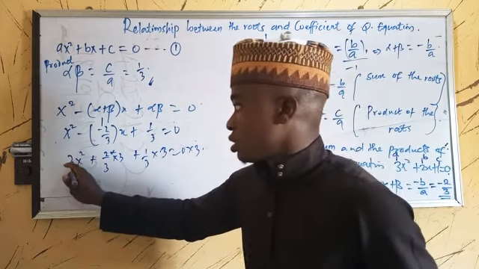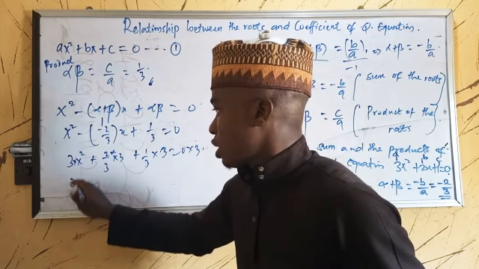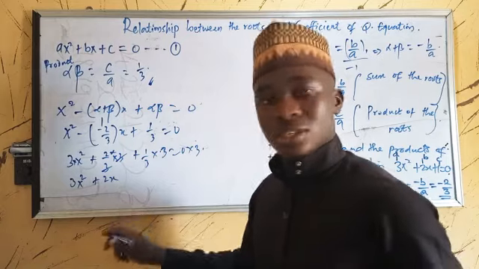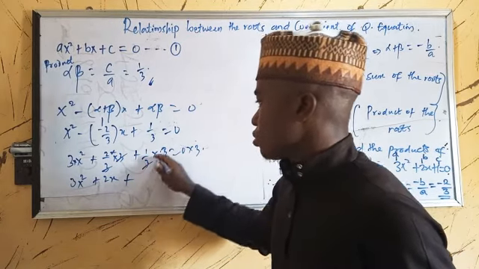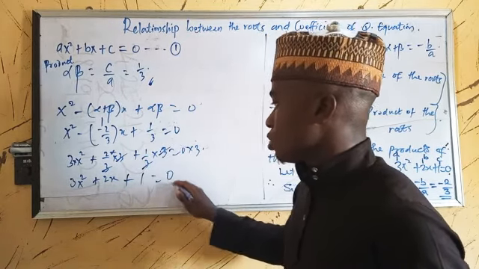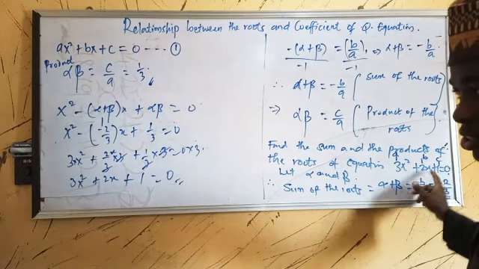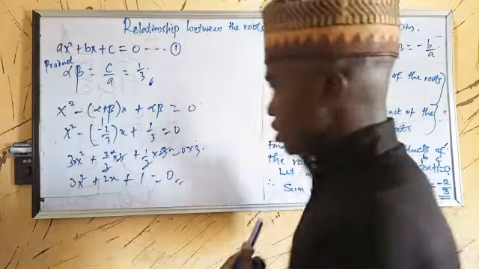So from here we have 3x squared, we cancel the 3 here, plus 2x, then plus, we cancel this one, we have 1, equals 0. Can you see that we have the same thing we have here? So that is it about solving this.